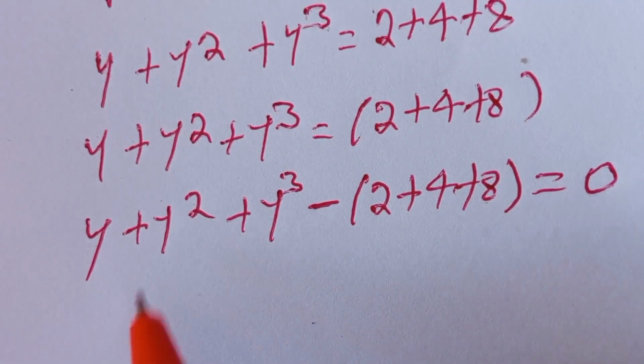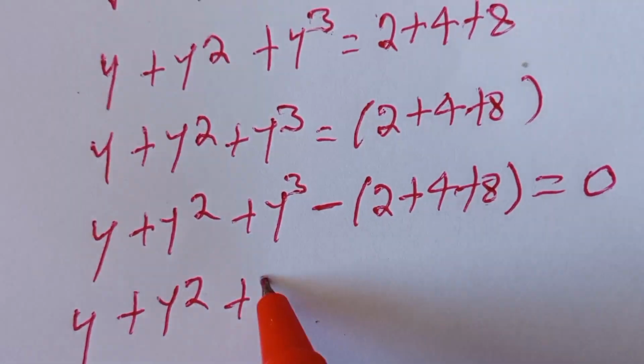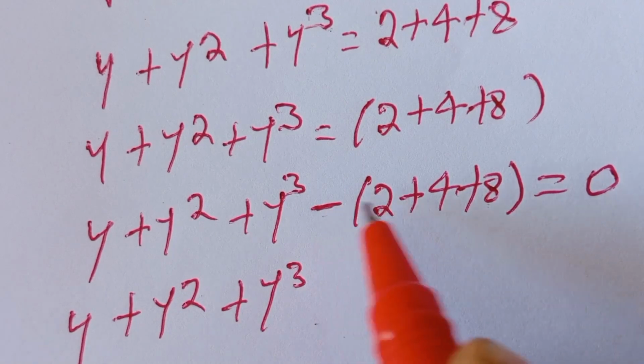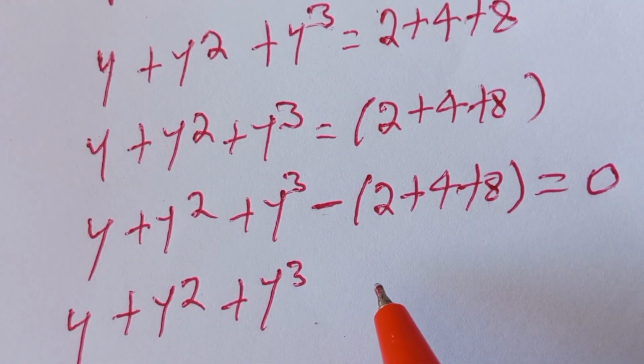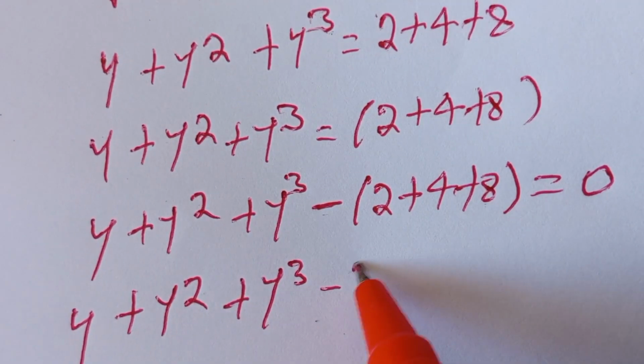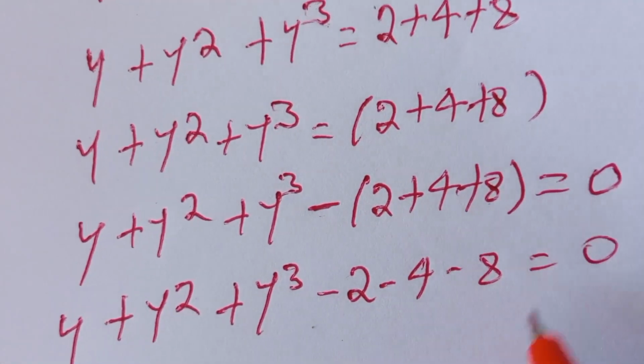Multiplying through these brackets: y plus y squared plus y cubed minus 2 minus 4 minus 8 is equal to 0.